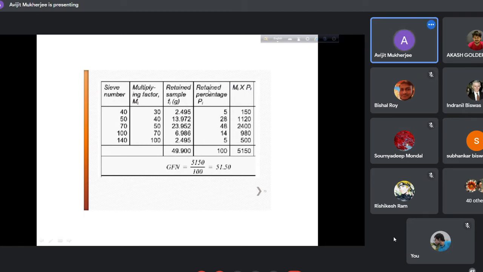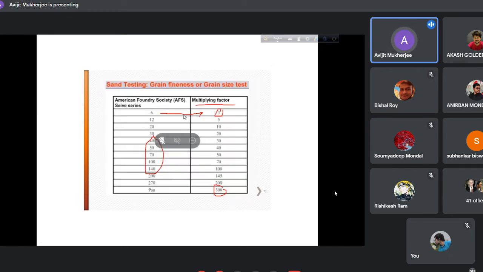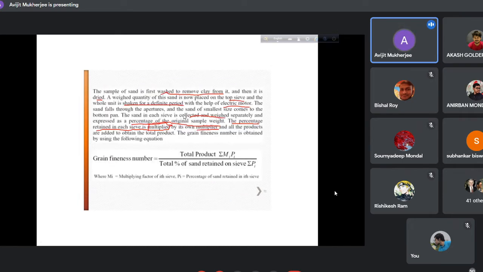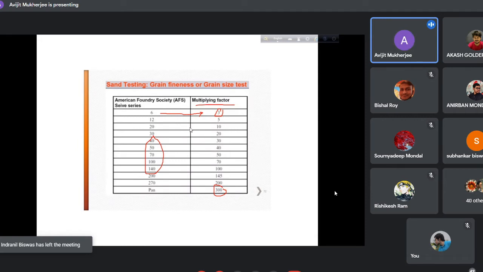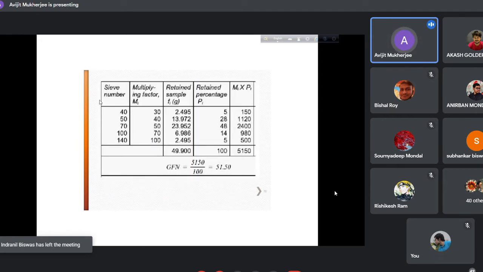Sorry, this is not percentage, this is written in gram. So what is the percentage? If it is 50 grams, and it is not mentioned otherwise, say for example, this is out of 50 gram.